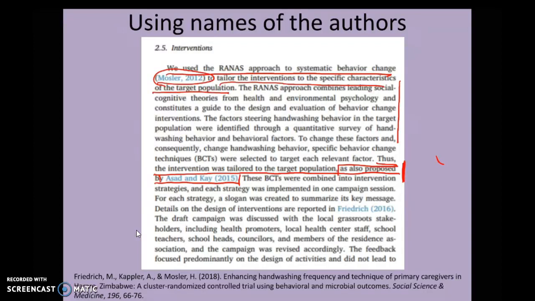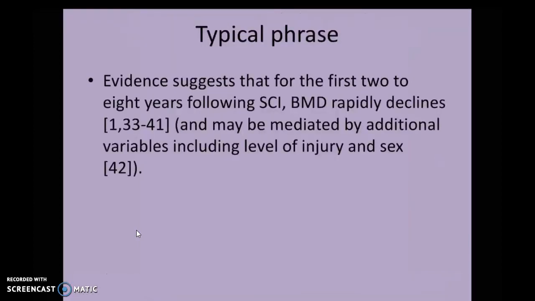But it happens, especially sometimes when it's about a specific method or specific methodologies. In this case, as also proposed by Assad and Kay. So these things do happen, and it's a common strategy. A typical phrase, and I've taken the next two examples from some manuscripts I've been working on with some colleagues of mine.